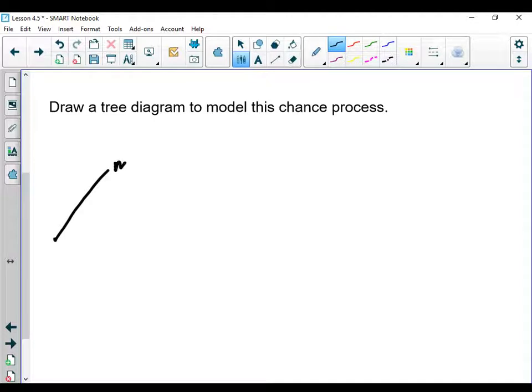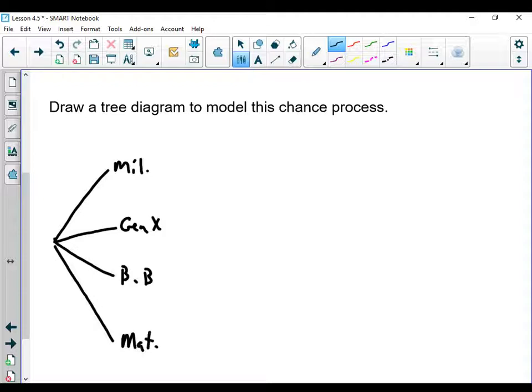I've got the millennials. I've got the Gen Xers. I've got the baby boomers. And I've got the matures. That would be my first step, just listing out the 4 groups of people they talked to.